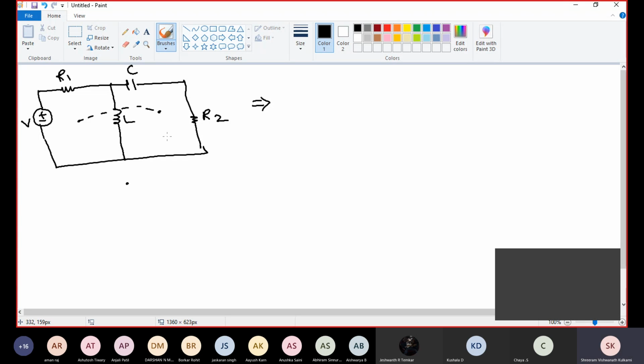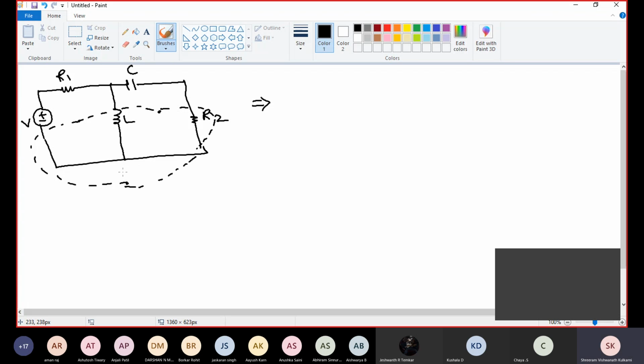Next, one more node is there outside of the circuit, again the datum node or reference node. These two nodes placed inside the loops, we are going to connect to this reference node by passing through all the branches of loop 1 as well as loop 2.